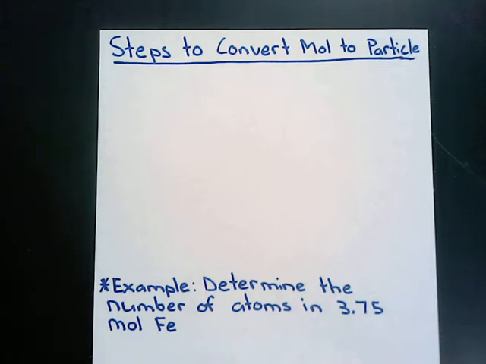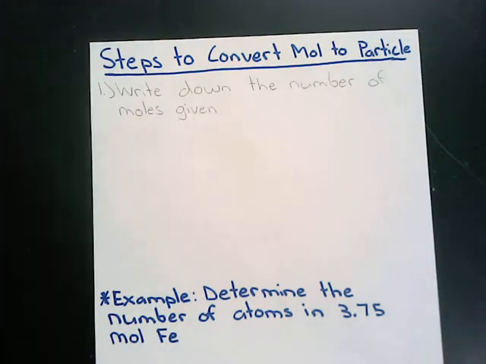To go from moles to particles, the first step is write down the number of moles given to you in the problem. The second step is to set up the conversion factor, which is going to have 6.02 times 10 to the 23rd representative particles per 1 mole.